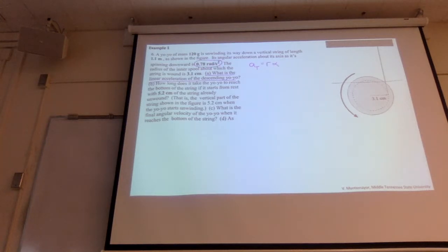And they actually gave us alpha, and they gave us R. So this turned out to be relatively easy. Just make sure that the units are consistent. So if I want a_T in meters per second squared, we're going to use 0.031 meters and 0.78 radians per second squared. And you should get a number on one of these slides somewhere, 0.024 meters per second squared.